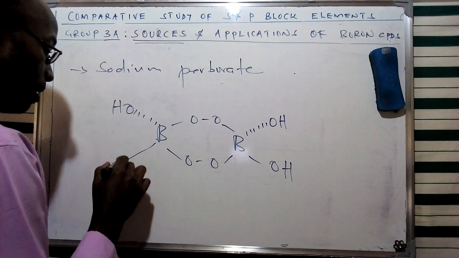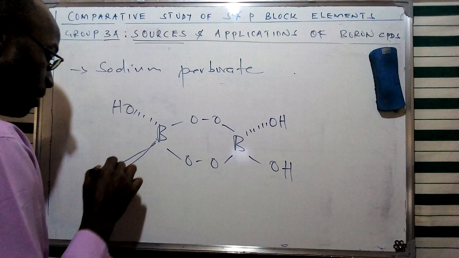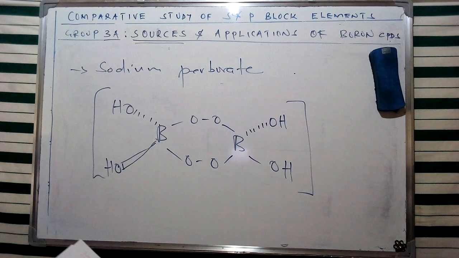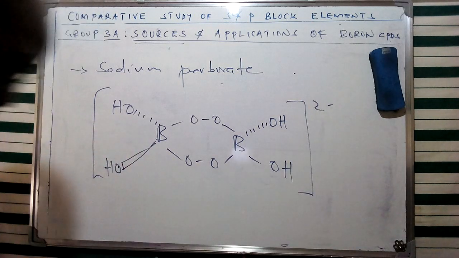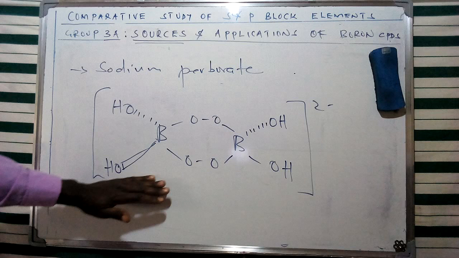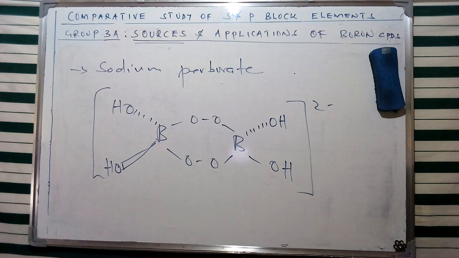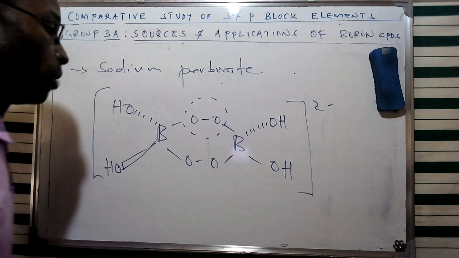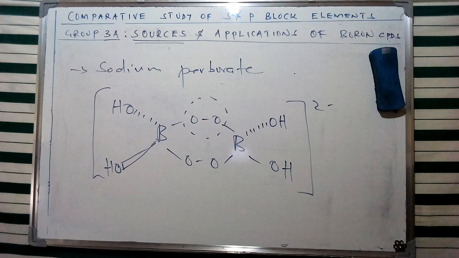So this is going to form this complex ion, and we shall have this one given as a negative 2 charge. So this is one of the ways in which we are going to see these specific compounds of boron displaying various properties. And as I've said, the bleaching capability is due to the presence of this peroxyl ion.